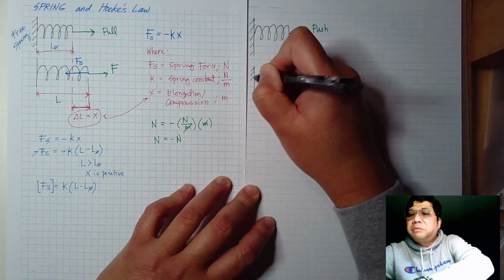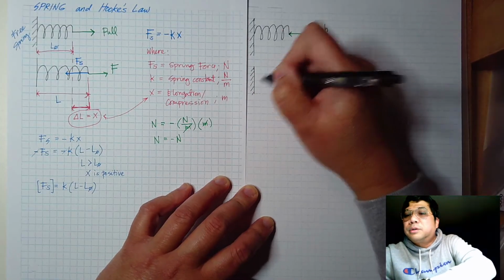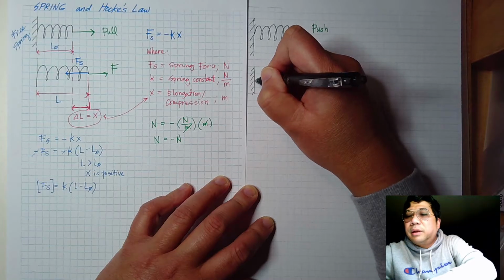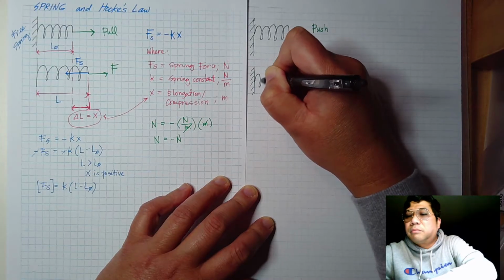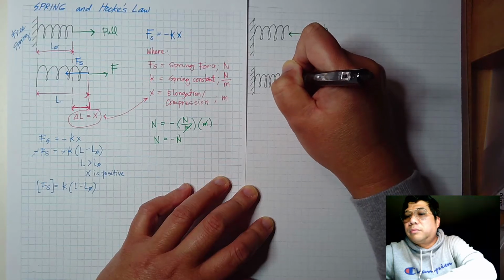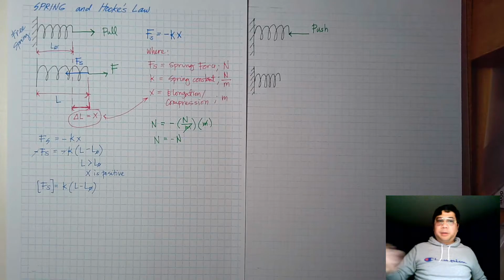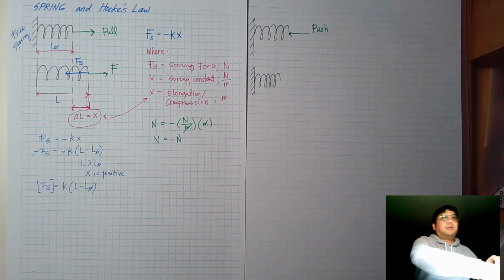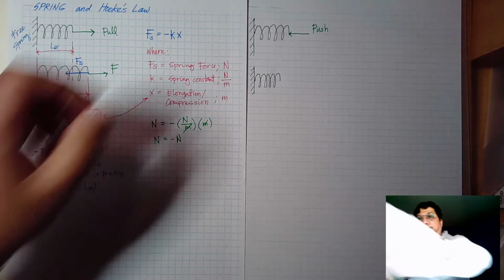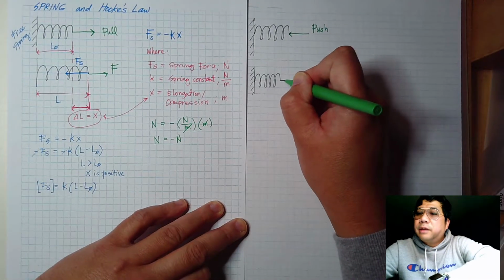We all know when we compress it, of course, the length will be shorter. So for example, now I have it like somewhere here, 1, 2, 3, 4. So it's still the same spring, but this time I compressed it. So now I do have a compression force F.